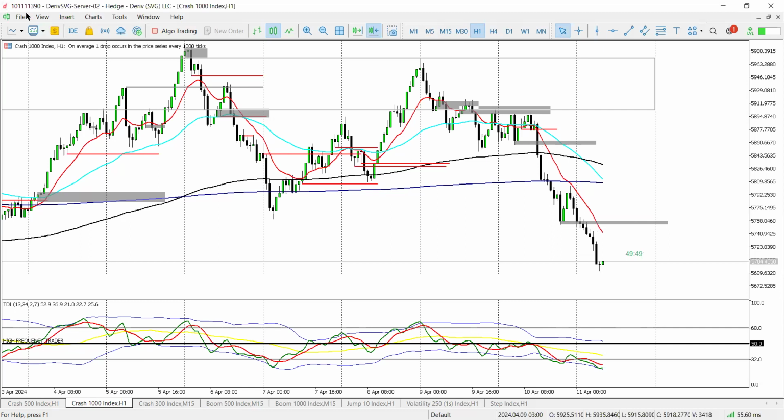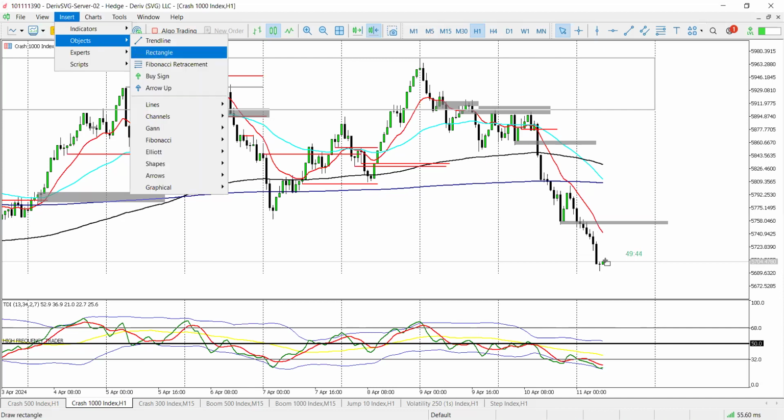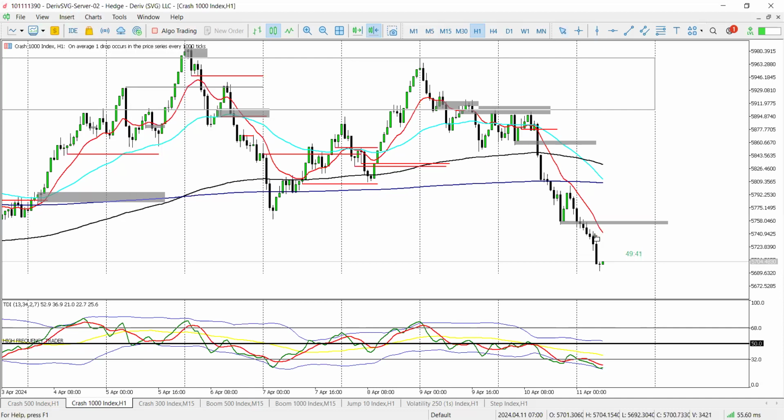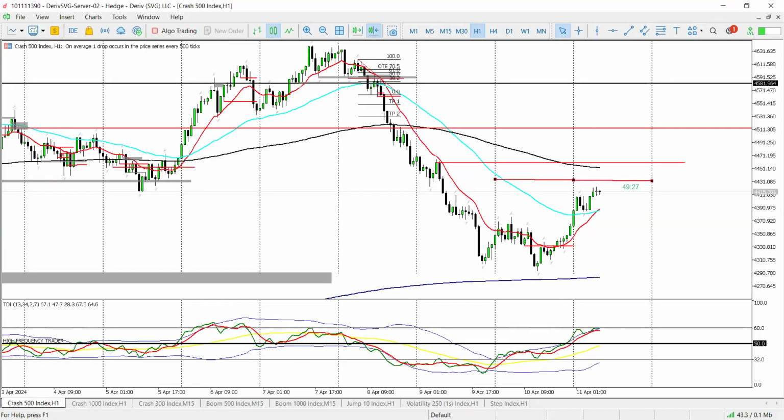This is on the H1. This whole zone with these small candlesticks, just a point of interest. So for now, I'll say let's rather wait and see what price will do. I do not have anything too solid on C1000 at the moment.